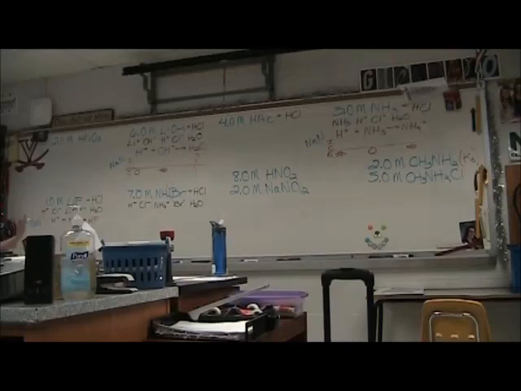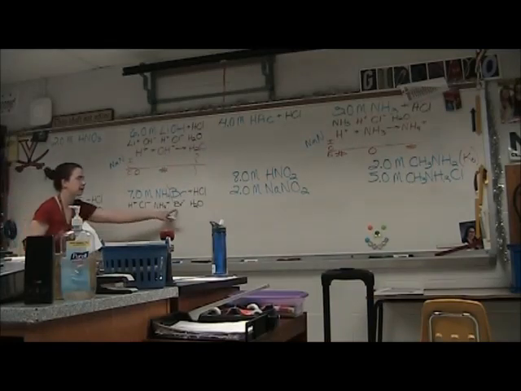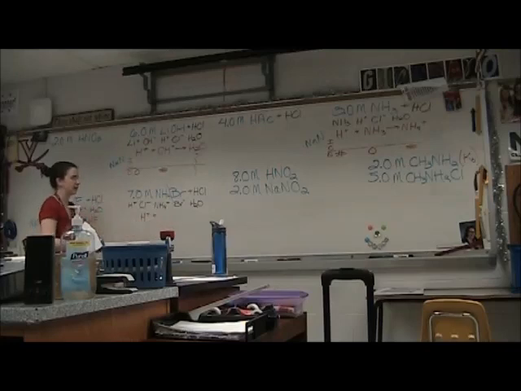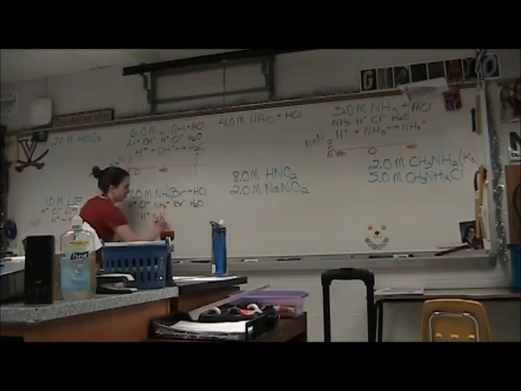What's the easy part? The acid's going to be H plus, plus water. Why can't it be Cl? That would form a strong acid. Why can't it be Br? Same reason. Okay? So this is my only choice.